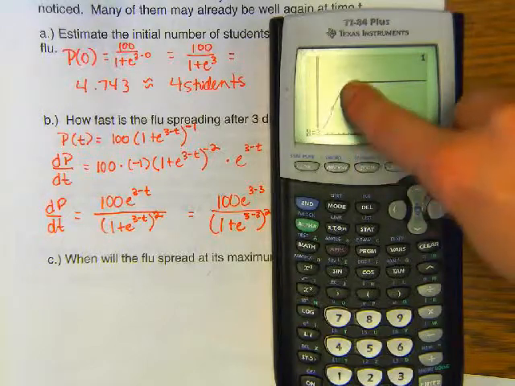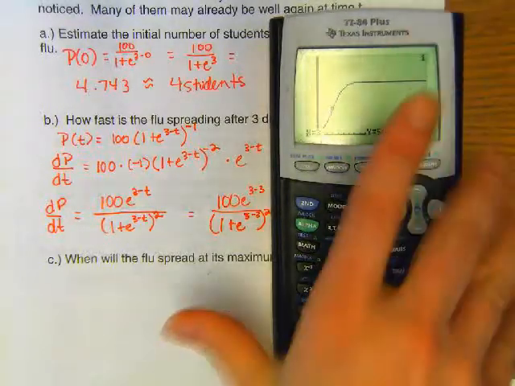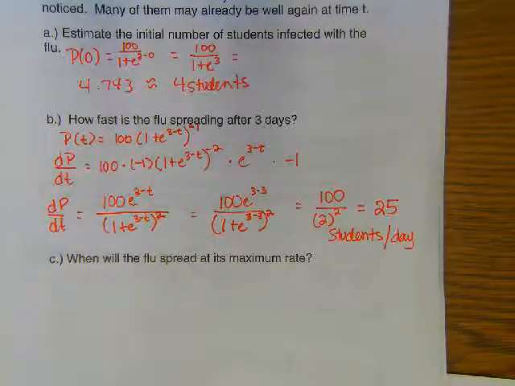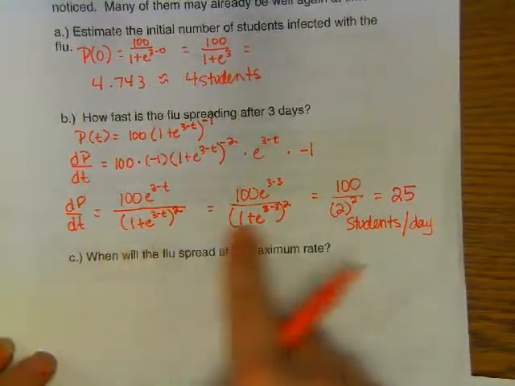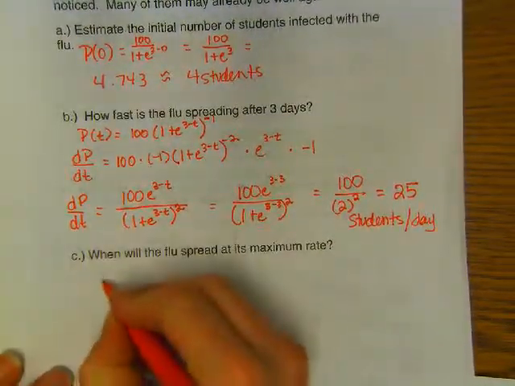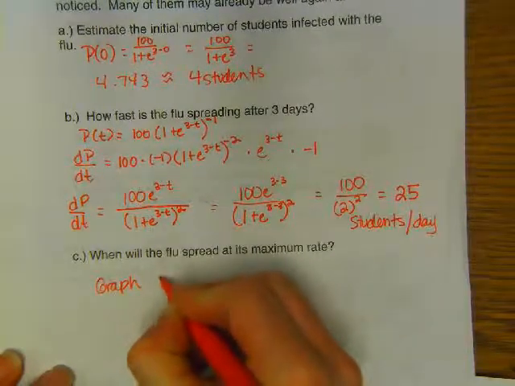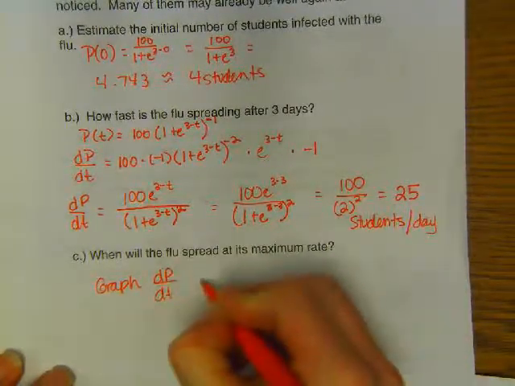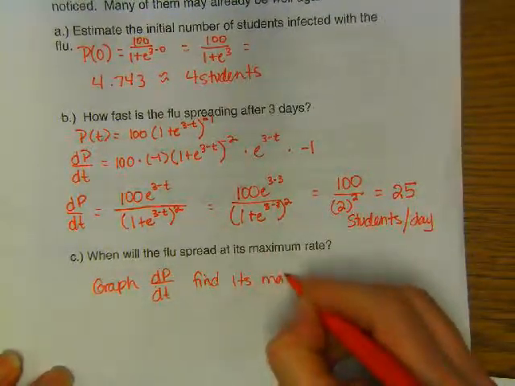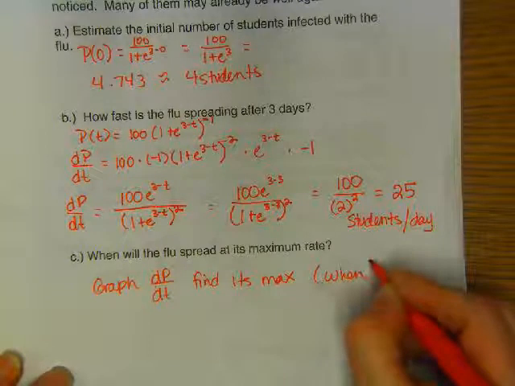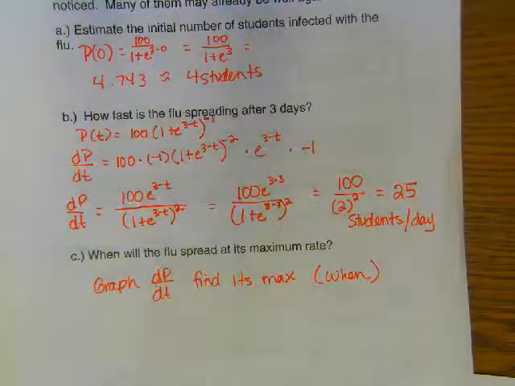Now, to answer C, we have to use our calculator, so I will not ask you to do that without a calculator. We want to find when this has a maximum. So here's what we're going to do. We are going to graph dP/dt and find its maximum. Find the derivative of that and then find the zeros.